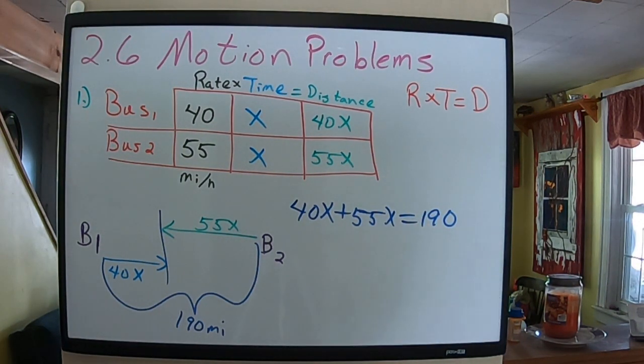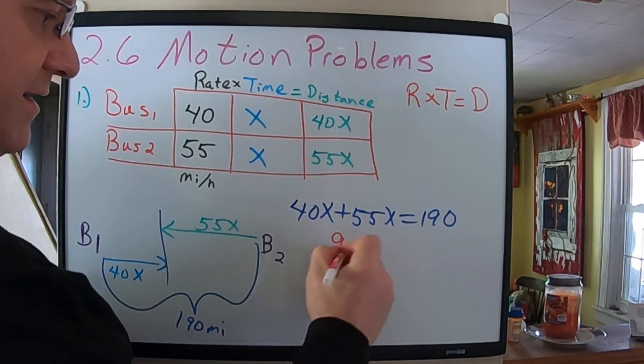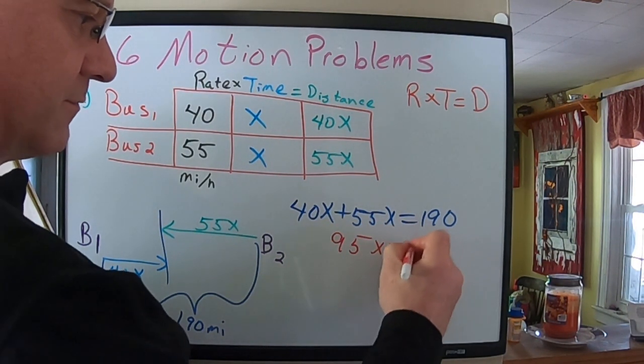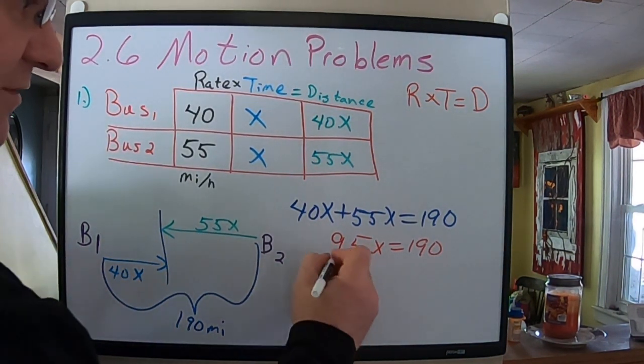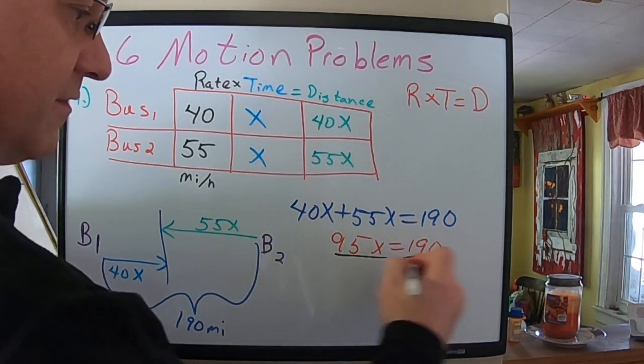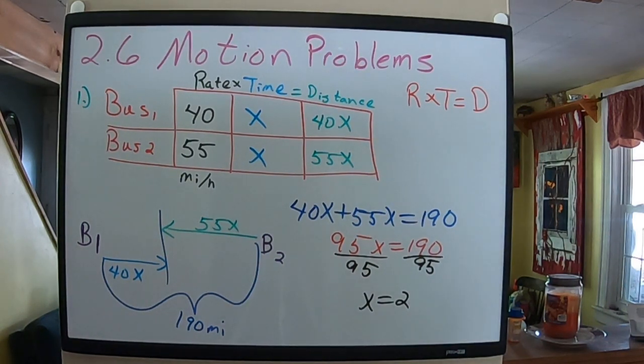And then we can go ahead and solve that. Adding these together is 95x equals 190. And then we're going to divide by 95. x is 2. Now, the answer for x is not always the answer to the problem.